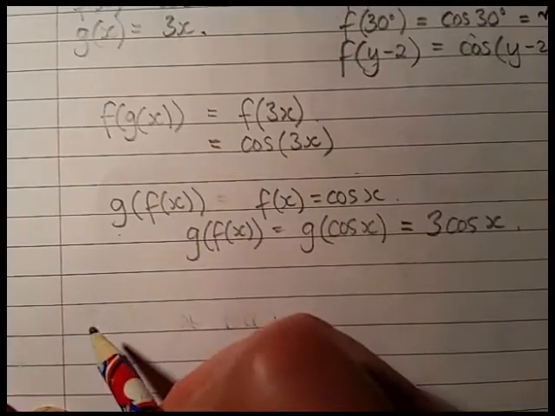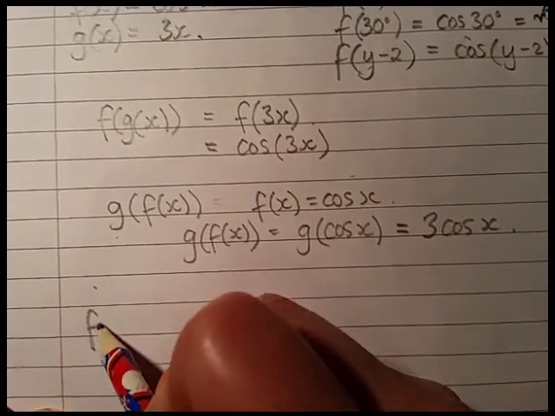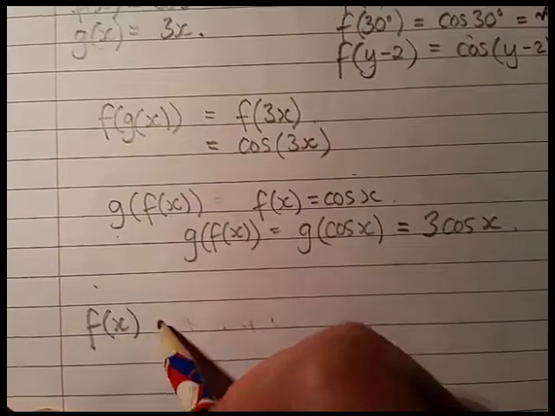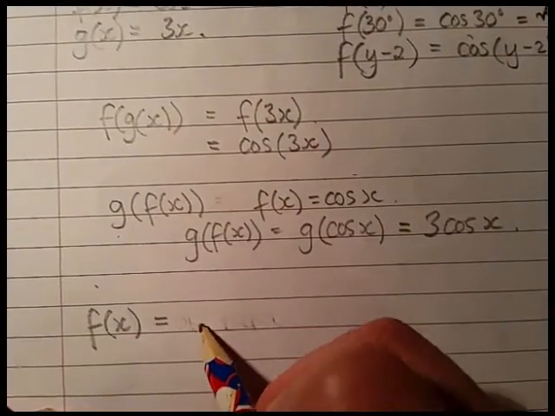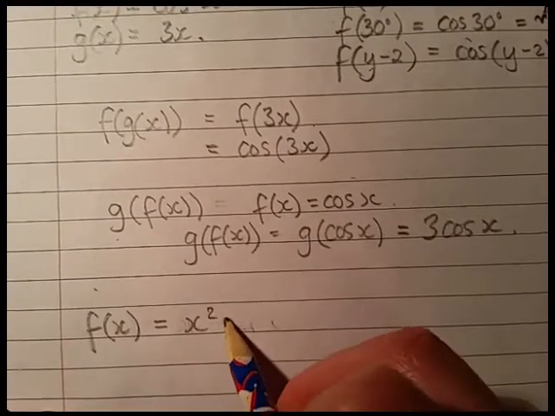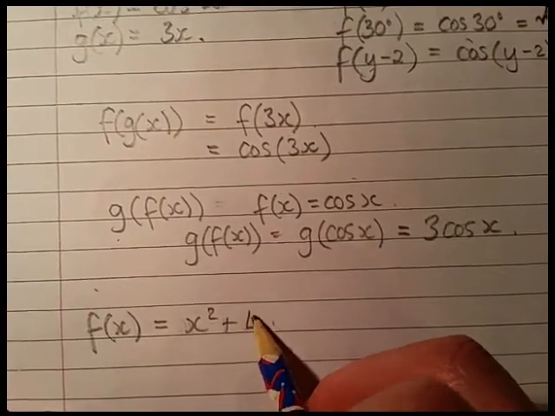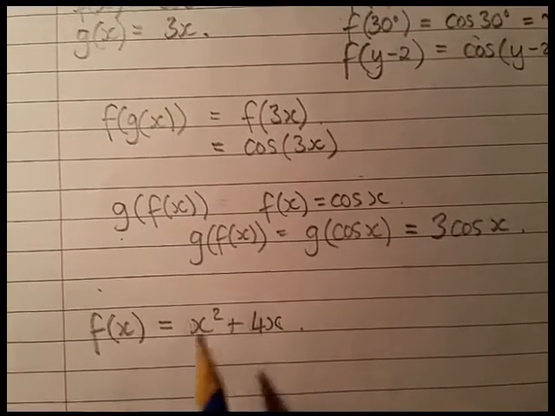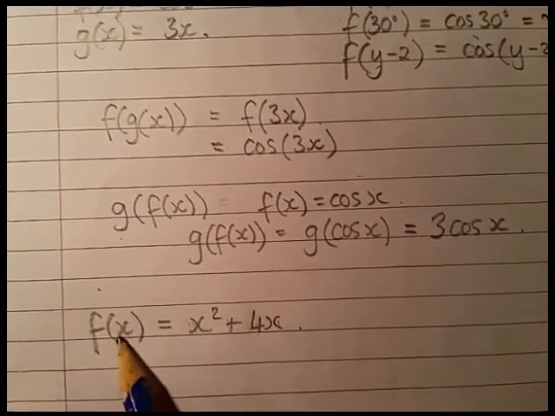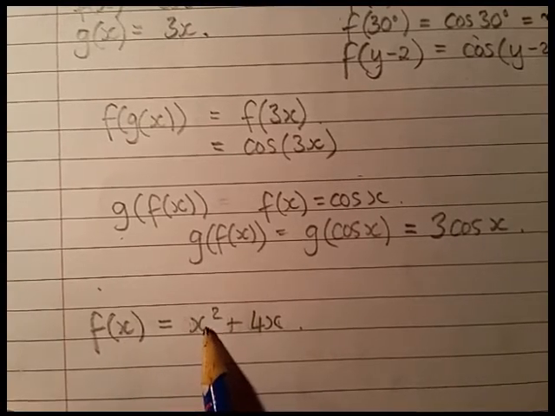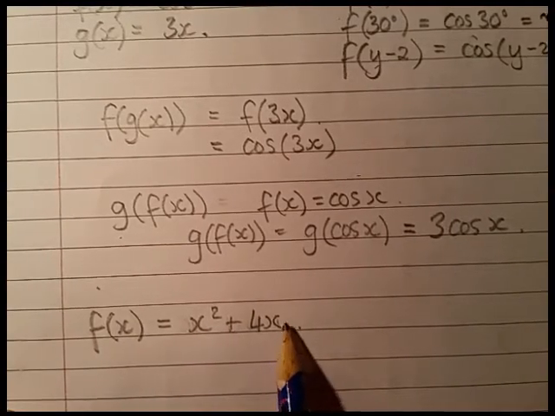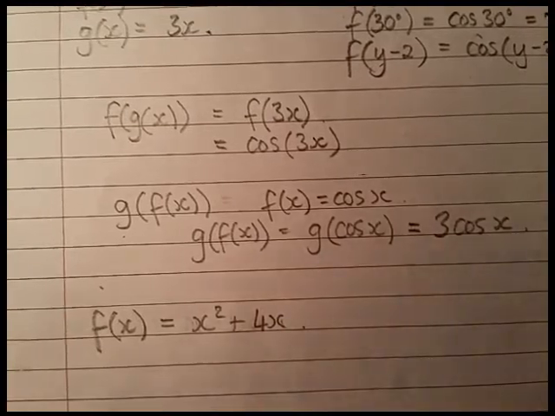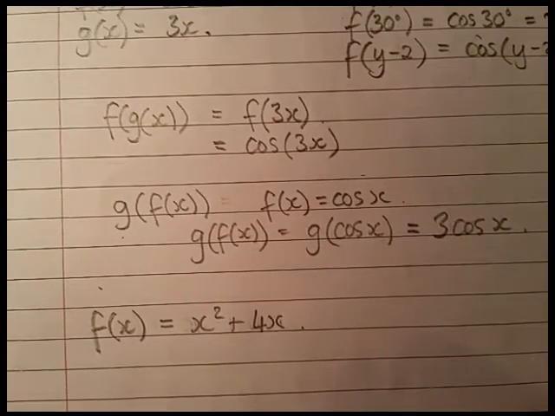So we'll have a look at another one, a little bit more fiddly, but it works exactly the same way. Let's say that f of x equals x squared plus 4x. So we've got 2 x's here, but that's okay, because whatever we put into that function, we square it, and then we multiply it by 4, and then we add the two things together.